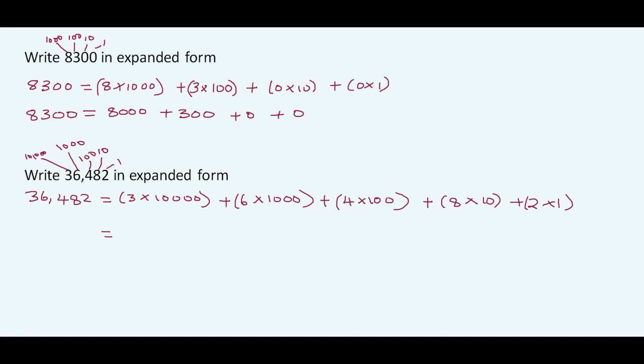So this is going to be 30,000 plus 6,000 plus 400 plus 80 plus 2. So that is the breakdown for 36,482.